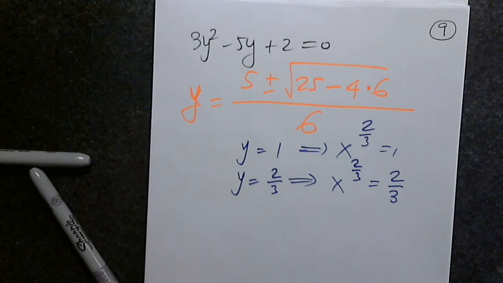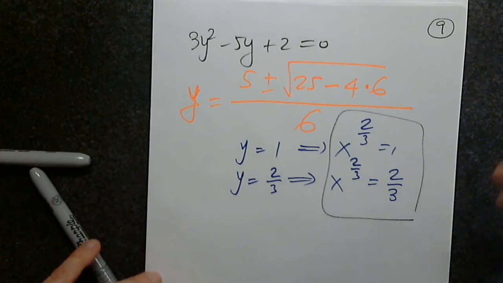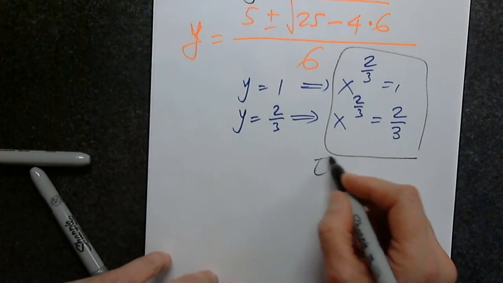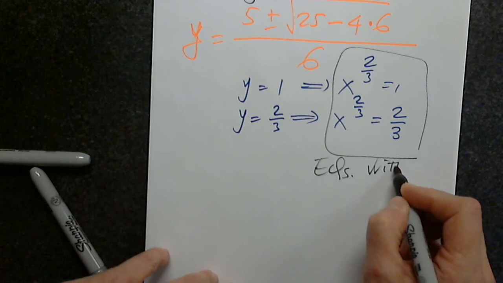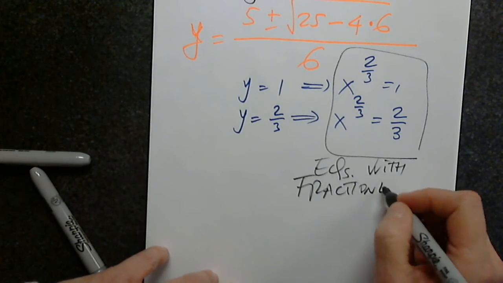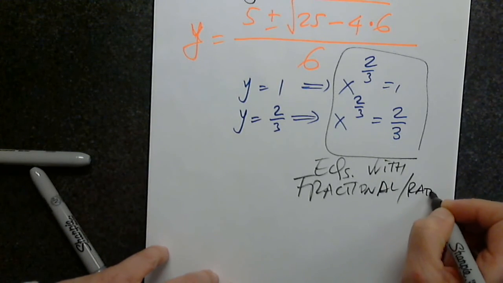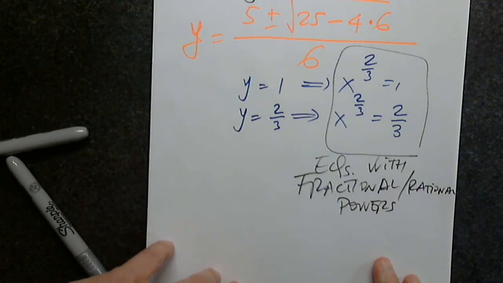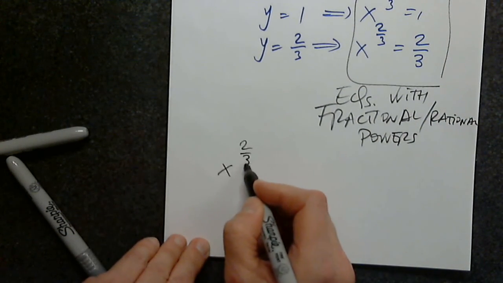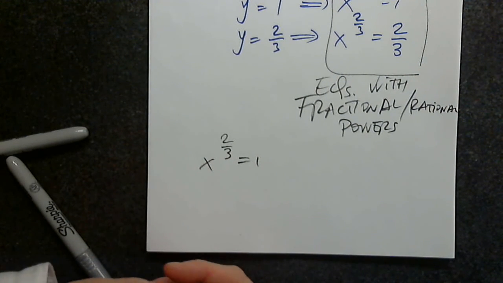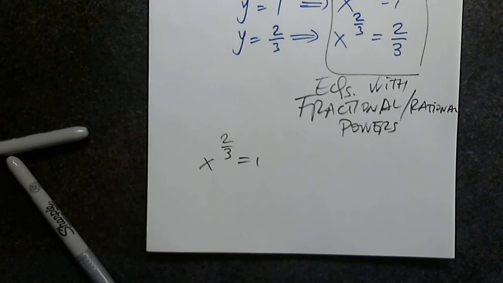Now, these are two new equations, and these are equations with fractional or rational powers or exponents. How do I solve x to 2/3 equals 1? Anyone remembers the technique I suggested? It's up to you. You can use any technique you like. Say it again.